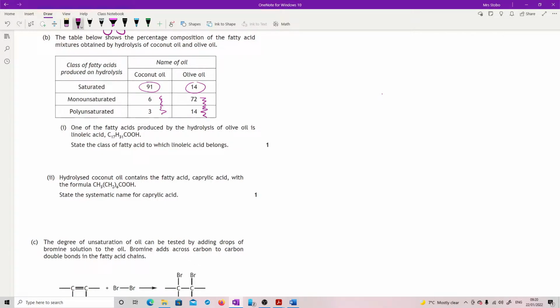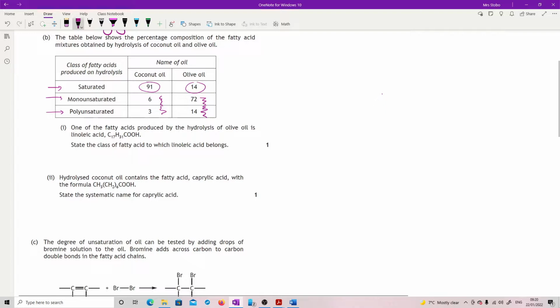Okay, one of the fatty acids produced by the hydrolysis of olive oil is linoleic acid, C17H31COOH. State the class of fatty acid to which linoleic acid belongs. So we're trying to work out, is it saturated, monounsaturated, or polyunsaturated?